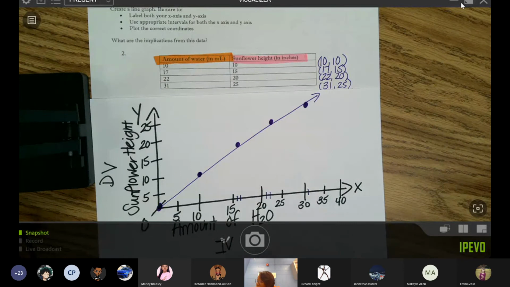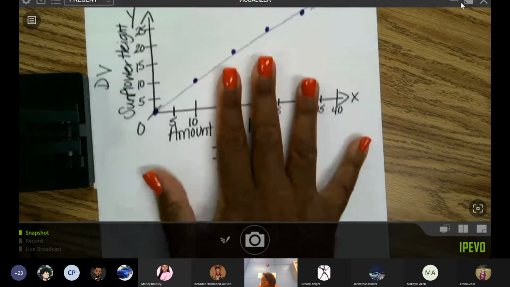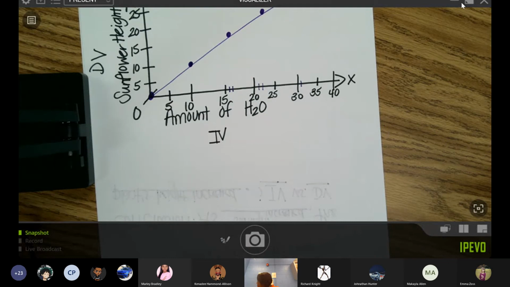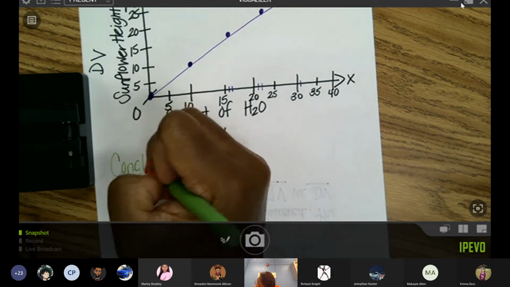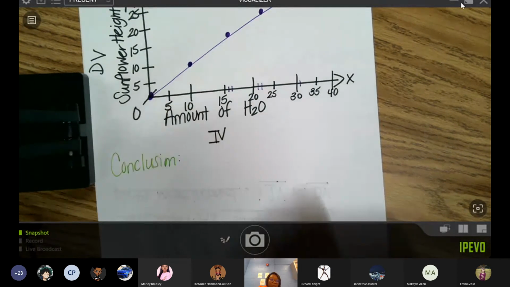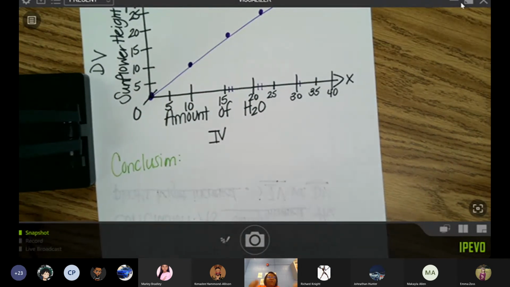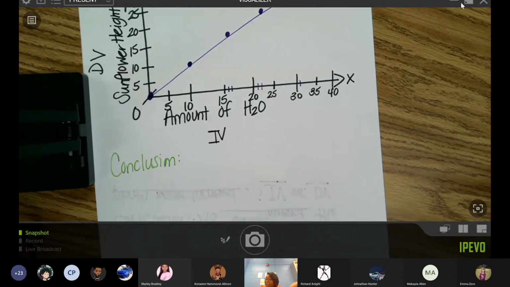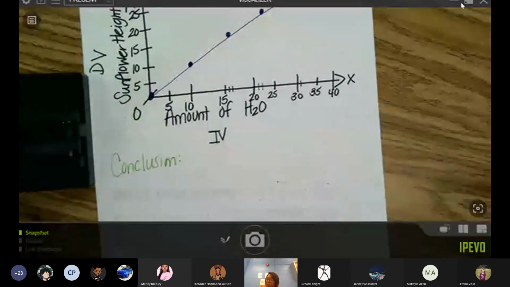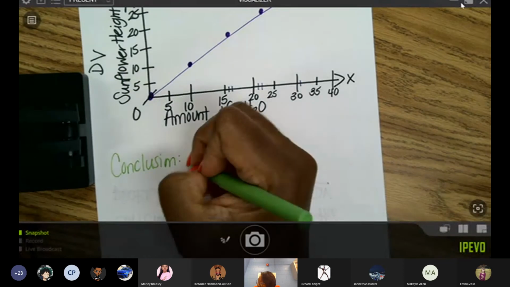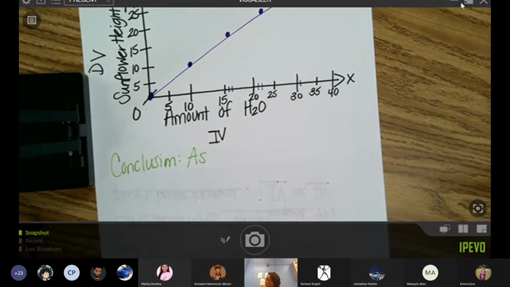So the last thing we'll do in our live session today is write a conclusion. Let's write our conclusion statement. Let's use our green. Remember, our conclusion reveals the relationship between our independent variable and our dependent variable. So remember, our conclusion will start with the word as.